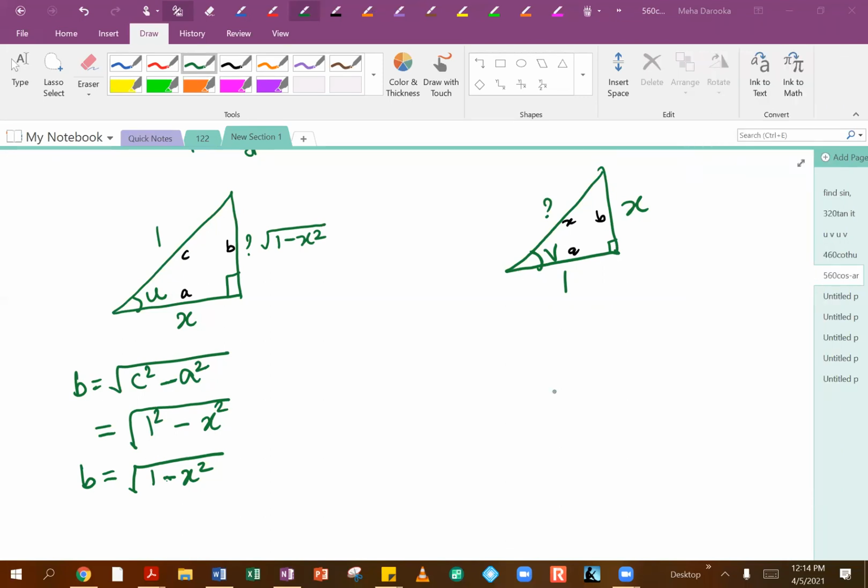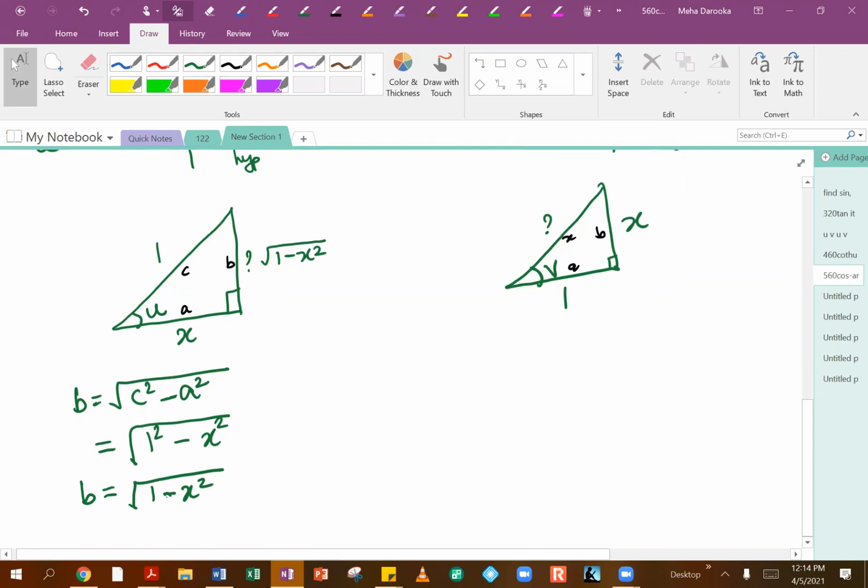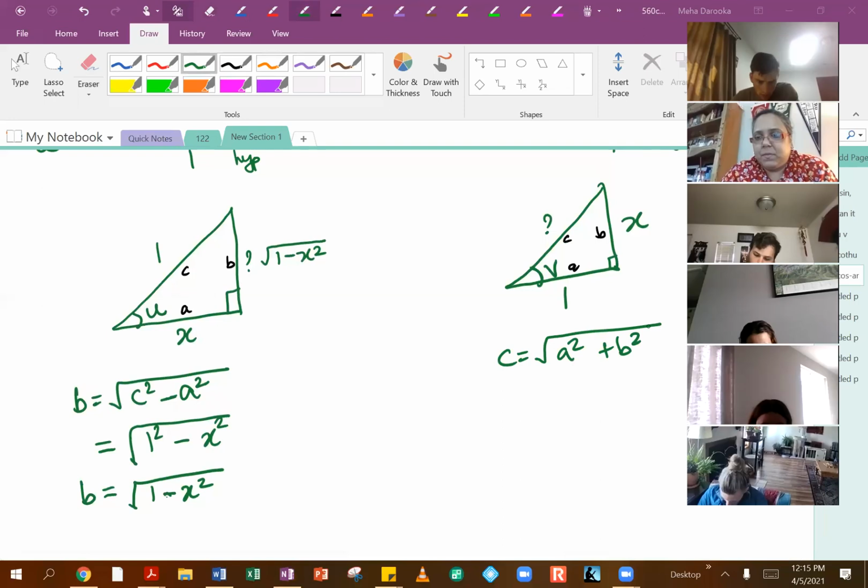All right, so can you tell me what our missing side for the V triangle is going to be? Oh, and that should be a C, not a X. So what is the hypotenuse for the second triangle?